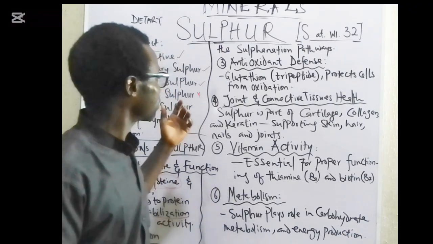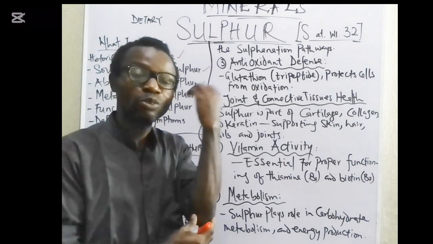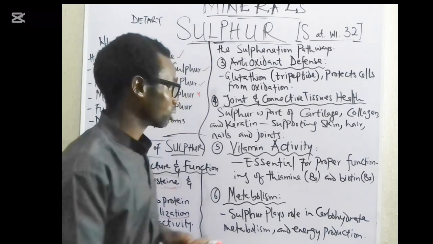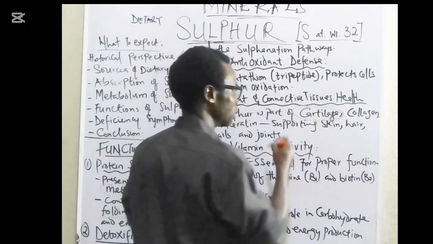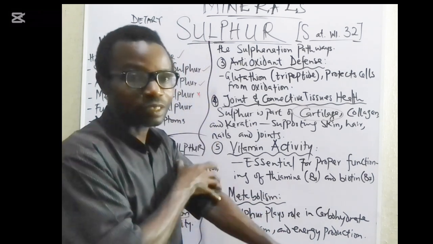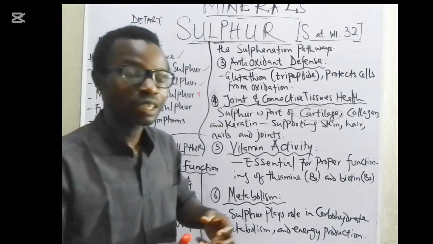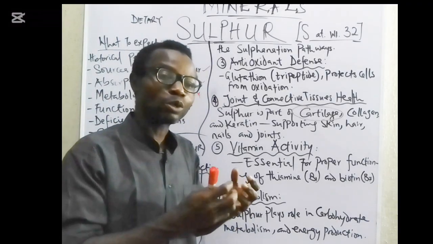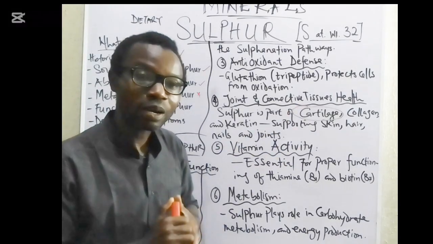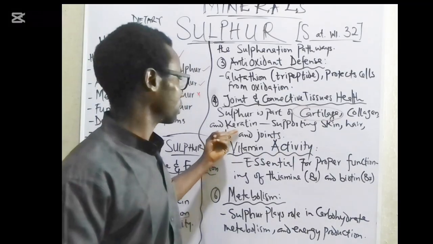Now another thing is joints and connective tissues. Looking at the joints of the body, if you've studied the skeleton, you come across things like the cartilages. For example, you see your ear, the cartilages, and in between joints you see cartilages. As the body grows, as the bones grow, the cartilages eventually form bones. So sulfur is an essential part of cartilages, and also collagen, and also keratin.